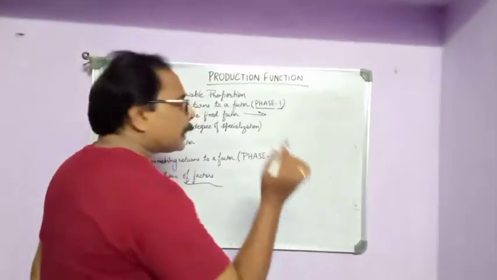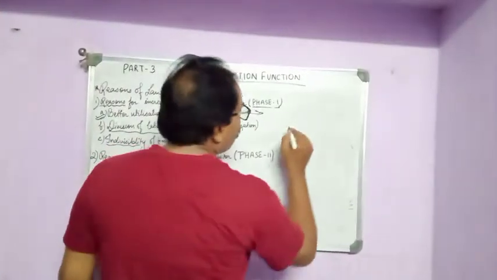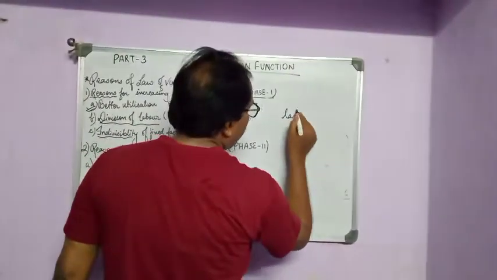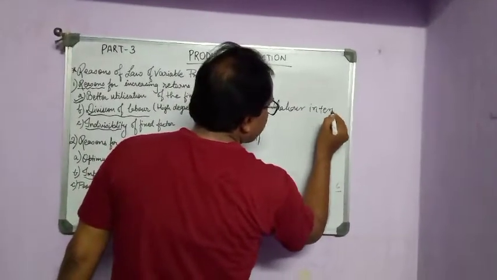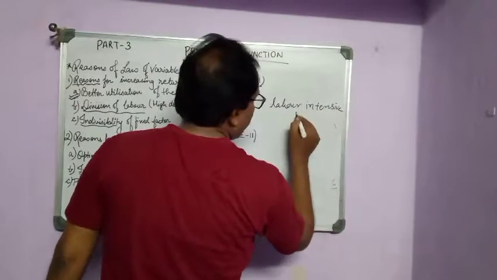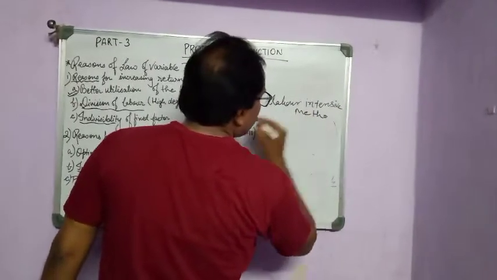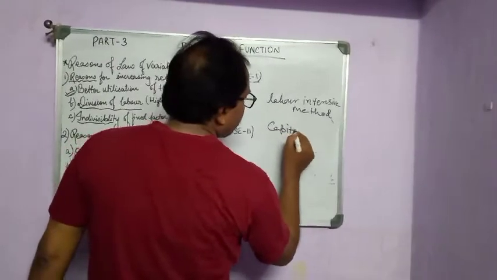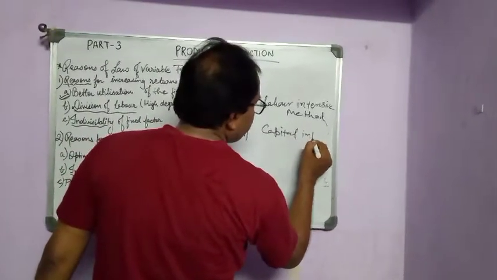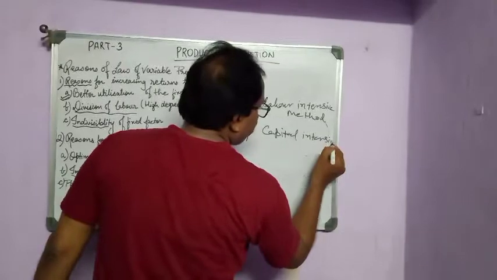So suppose there are 2 methods of production. One is known as labor intensive method and the other is capital intensive method.